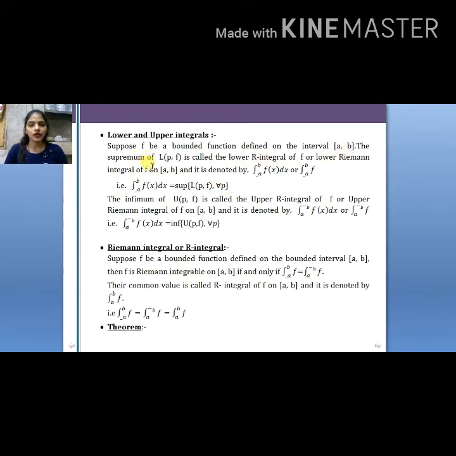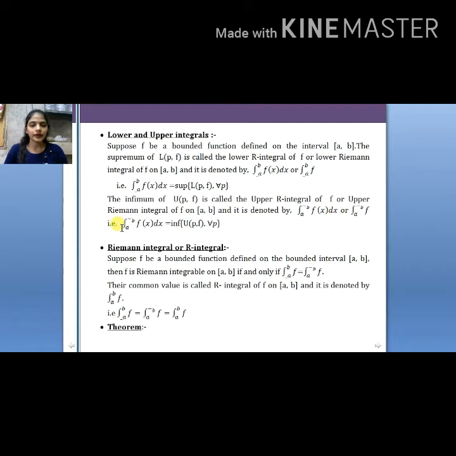That is, lower integral means what? The supremum of the lower Riemann sum of f(x) with respect to the partition P, over all partitions P. Now, the infimum of U(P, f) is called the upper R integral of f, or upper Riemann integral of f on the closed interval [a, b], and it is denoted by the integral from a to b-bar of f(x) dx, or the integral from a to b-bar of f.